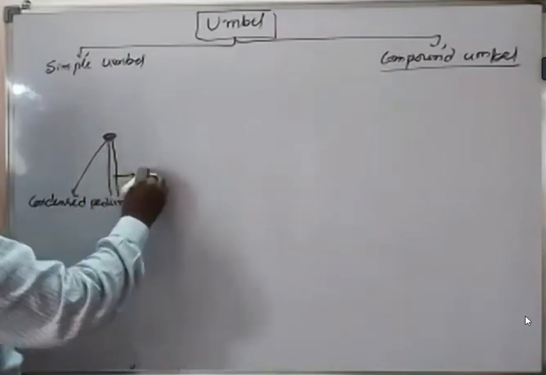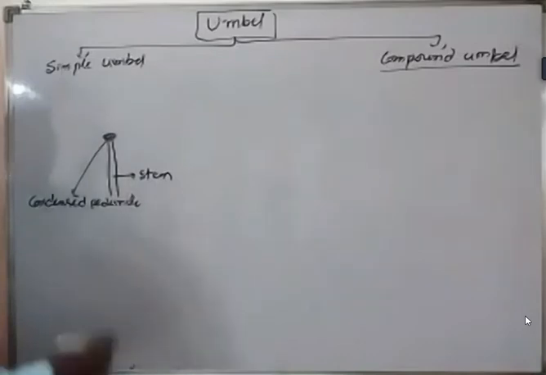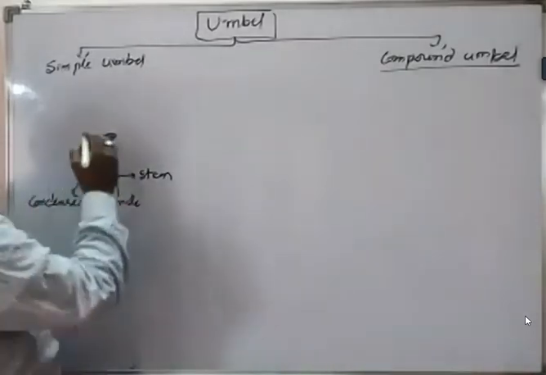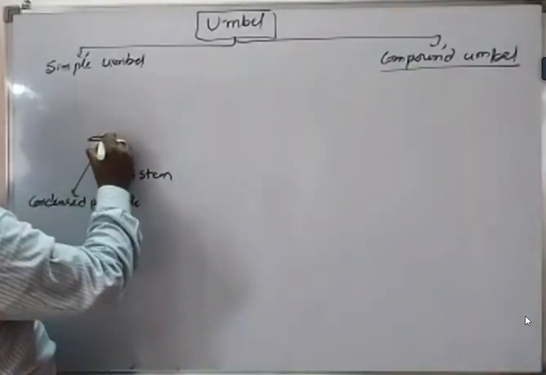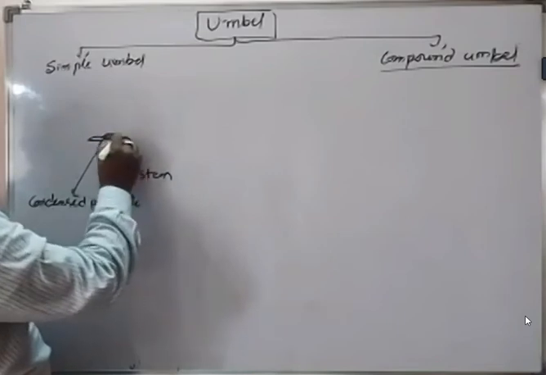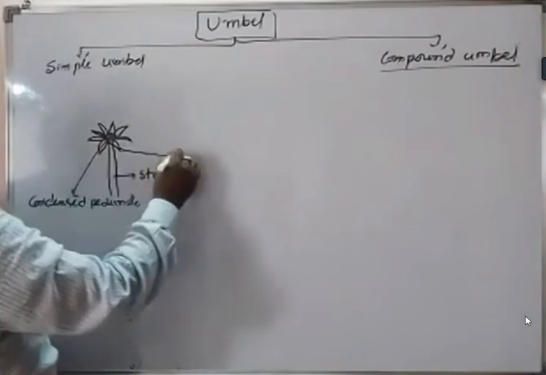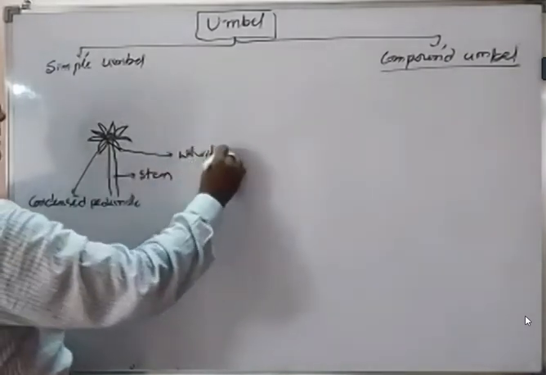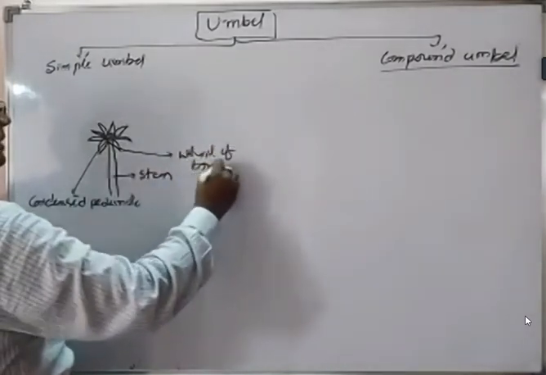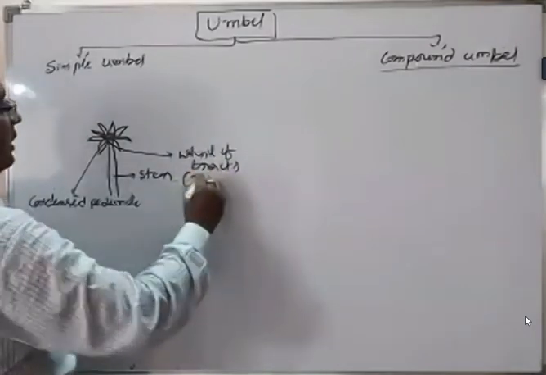Think that this is the stem. When the peduncle is condensed, bracts present in the inflorescence form a whorl. This whorl of bracts is called involucre.